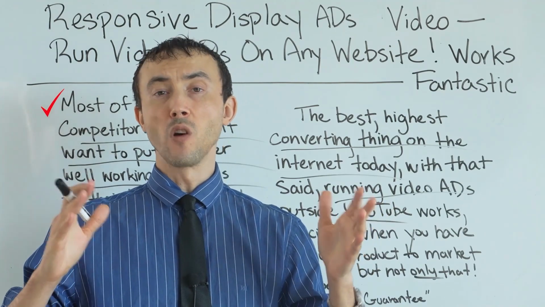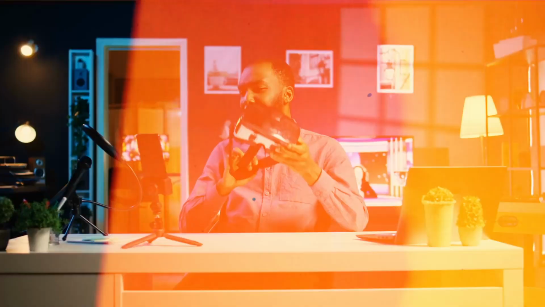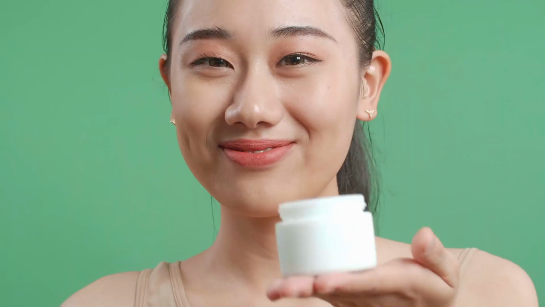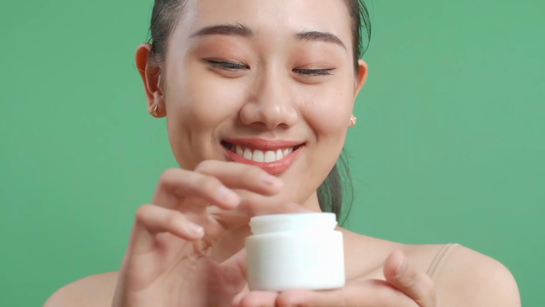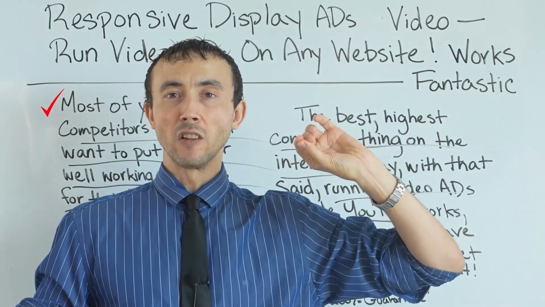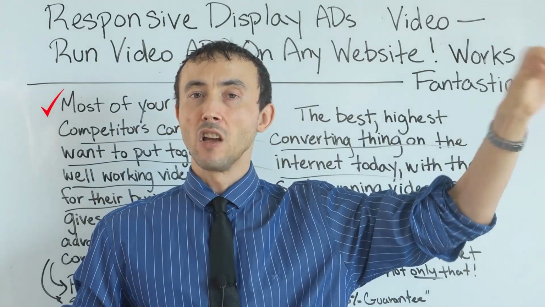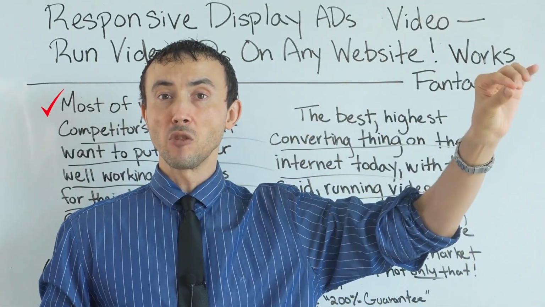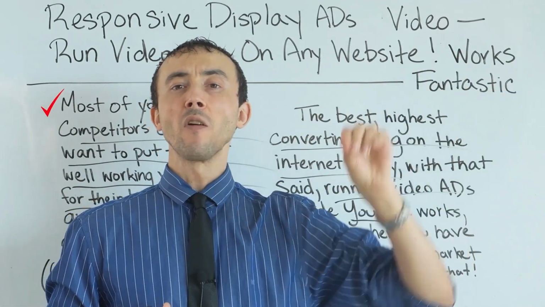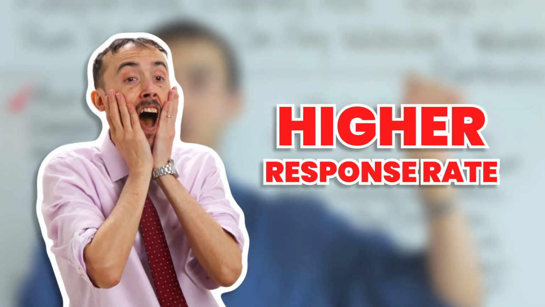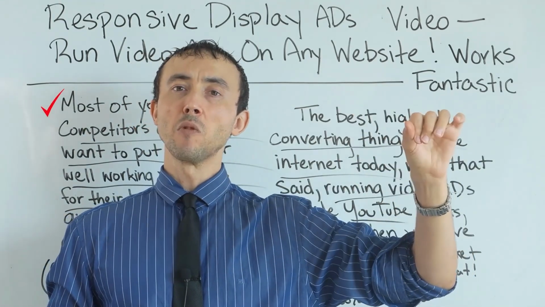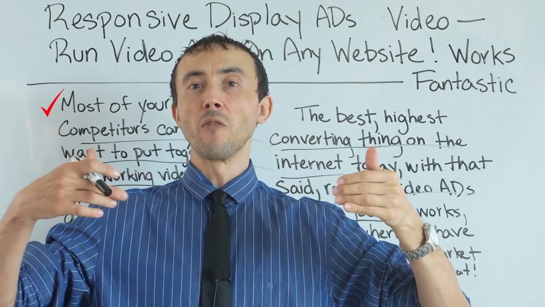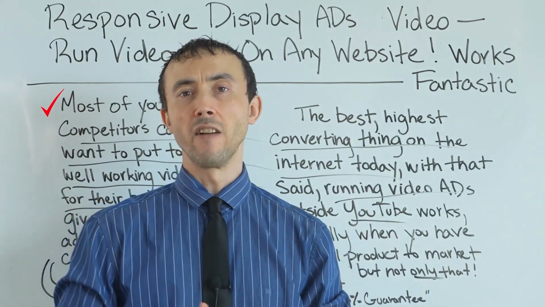There's no disadvantage to having a customer demonstrate that product, especially considering you can get an actor that looks like a customer to demonstrate the product, which means you don't have to lie to people. Therefore, you'll have higher response rates from your video ad because it looks like a customer and they're therefore not being sold. Therefore, they're going to pay attention to your ad at a higher rate.